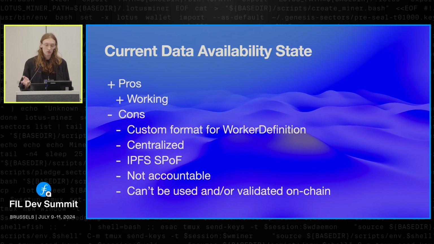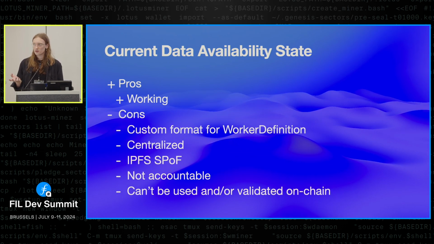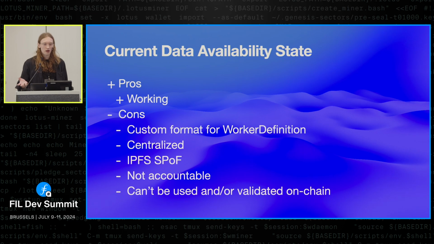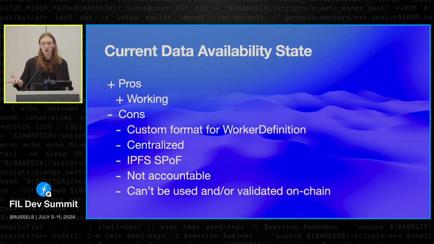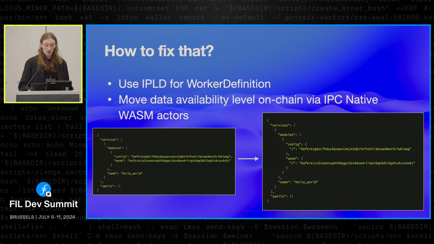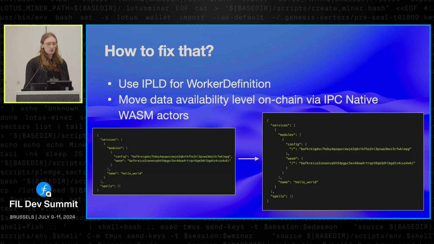It's not accountable at all, and we can do much more in contracts on chain to verify what's actually deployed, what providers run, etc. And it can be fixed with IPLD and IPC native features.